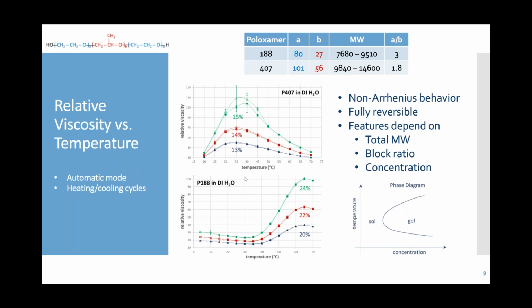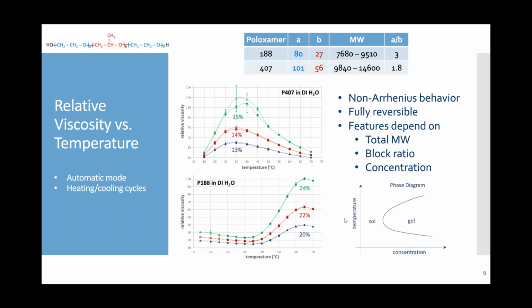This is distinct from the transition temperature that we see in the P188, which is shifted by about 30 degrees, at about 65 or so. So this is quite distinct from the way the carrageenan looked.